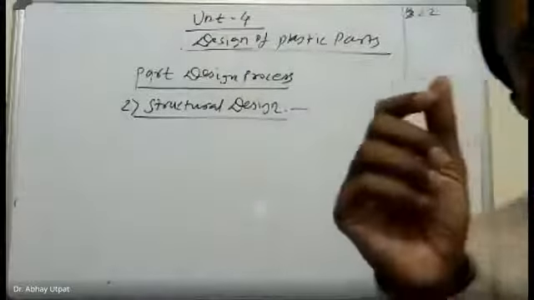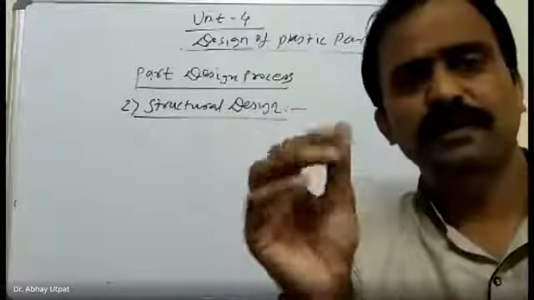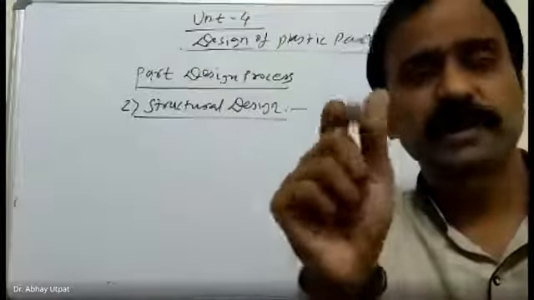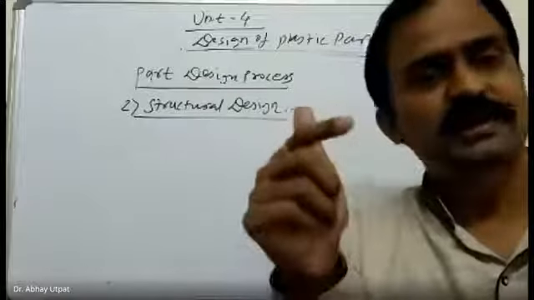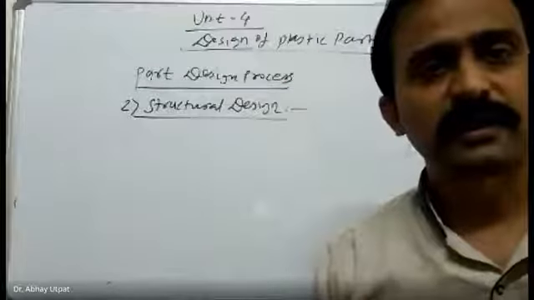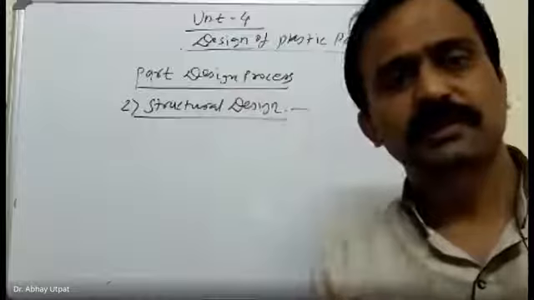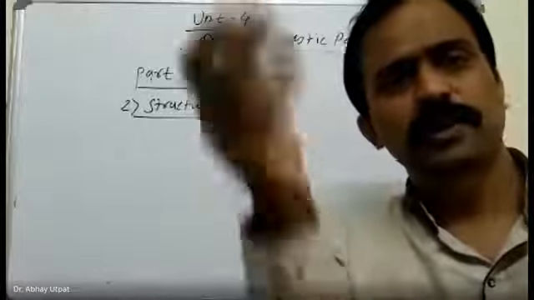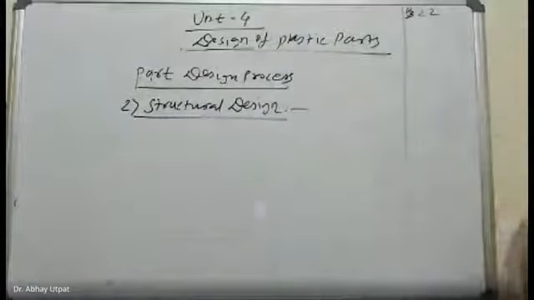Just a simple example: if you are going to manufacture a plastic nut, the nut may have inner threads. You are going to tighten something with the help of the nut, and with vibrations it may become loose or it may get cracked. Then it will be of no use. So what strength is required?